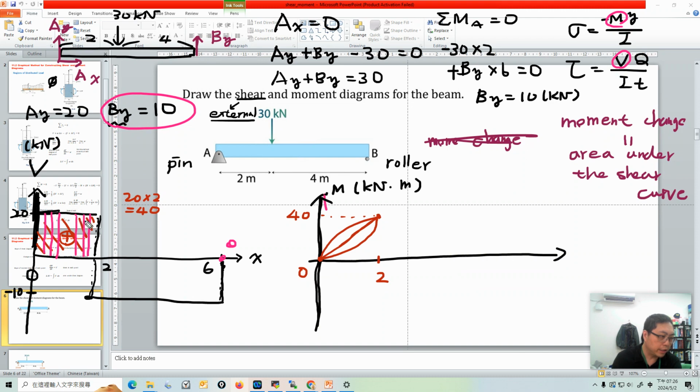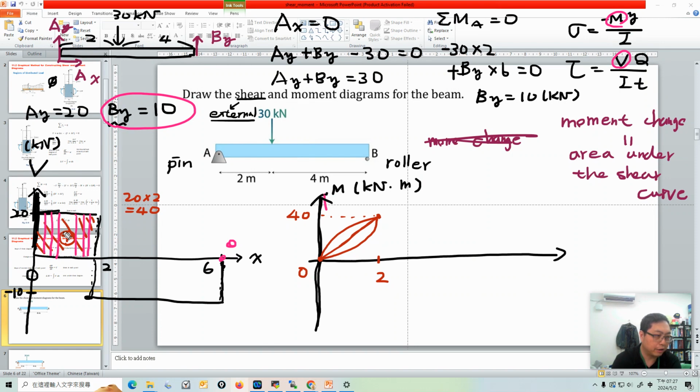If we slice this area, you will see the change of each slice is steady. The change is a constant.